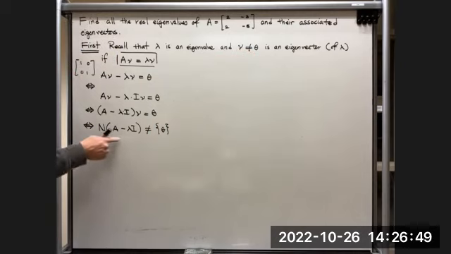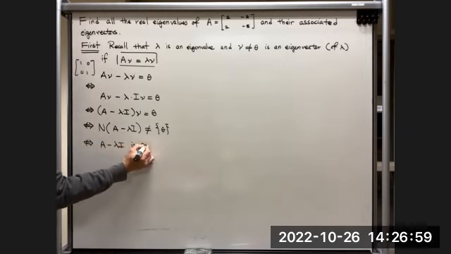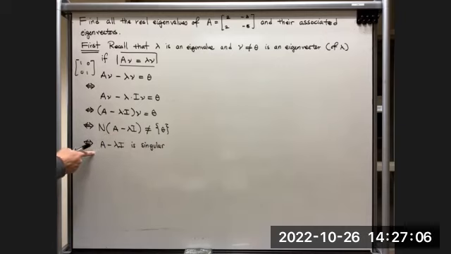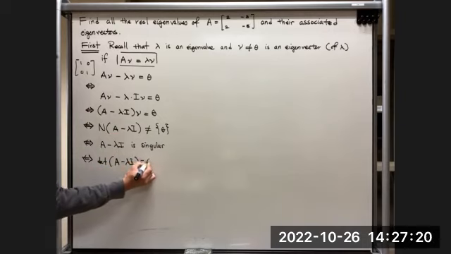In other words, for this to be non-trivial, that means that the matrix A minus lambda I is singular, or non-regular, as you may find it in some textbooks. But for this to be singular, that is equivalent to indicating that the determinant of this matrix is equal to 0, the number itself.